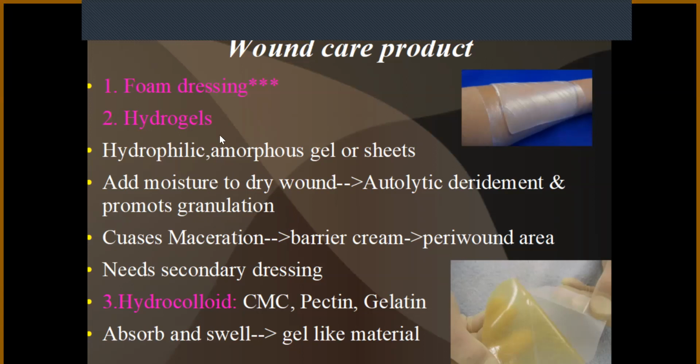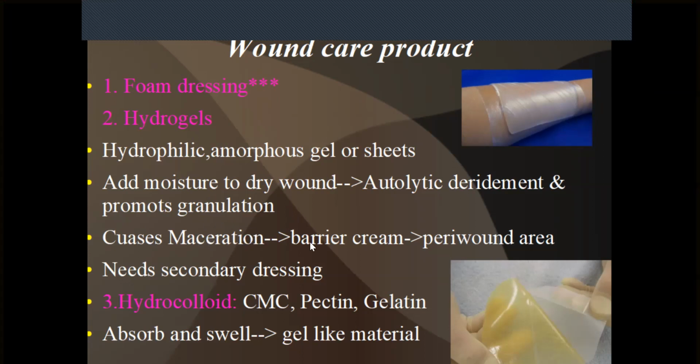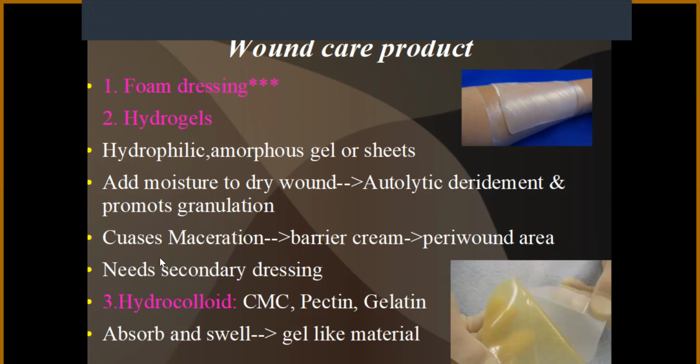But the drawback of hydrogel is that it causes maceration, and to prevent the maceration, we can use barrier cream in the peri-wound area. And this needs a secondary dressing, means first you apply the hydrogel, then above the hydrogel, you can use any other adhesive transparent sheet or simple roller bandage.